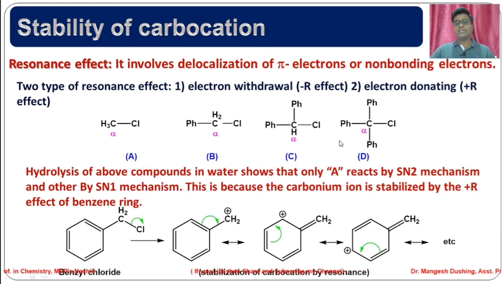Here the number of canonical structures will be thrice. So in this case the carbocation is very stable. So hydrolysis of these compounds goes via the SN1 reaction, because the carbocation formed is very well stabilized by the plus R effect, the electron donating resonance effect, of 3 phenyl rings.